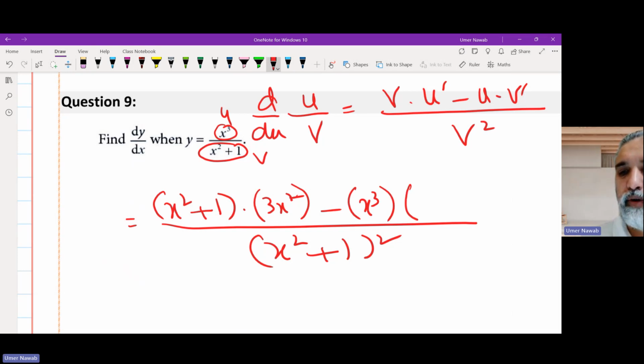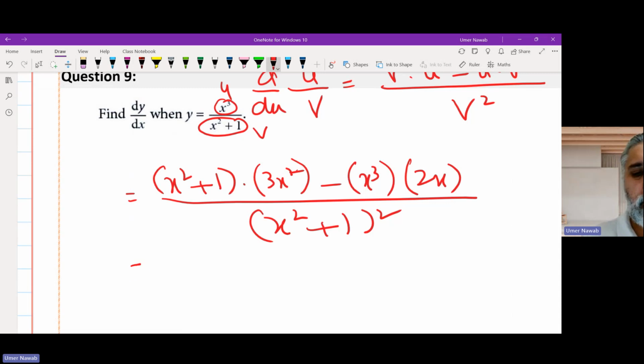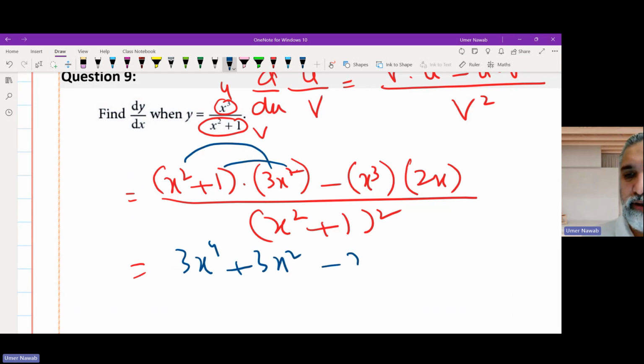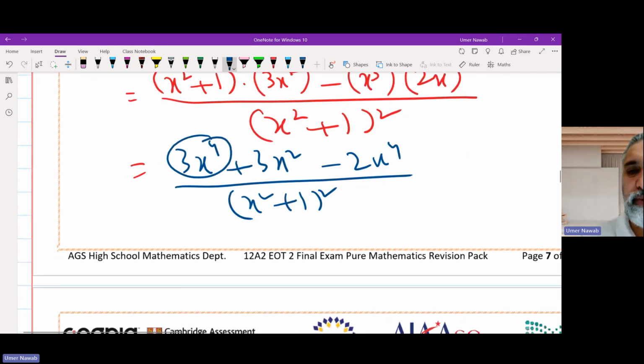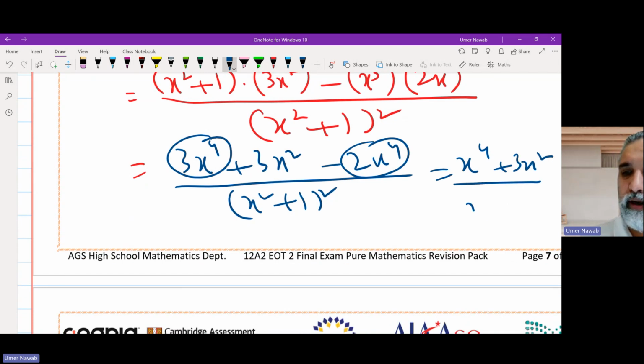The derivative of x squared plus 1 is just 2x. Open the brackets. It's better to open the brackets, guys. So it is 3x^4 plus 3x squared minus 2x^4 over (x squared plus 1) whole squared. Now, can you simplify them? It gives you x^4 plus 3x squared over (x squared plus 1) whole squared.